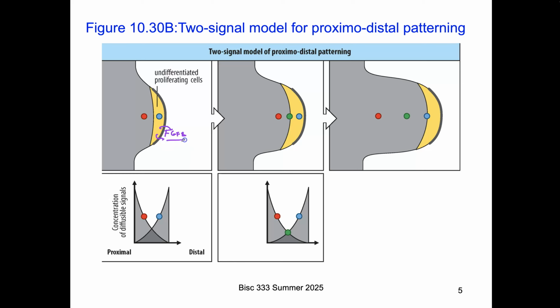So because it was known that an FGF signal was emanating from this region, the idea was, what if what we're seeing is these two different gradients? And we've already talked about some kinds of patterning that occur because of two antagonistic gradients. And so this is not particularly unusual.